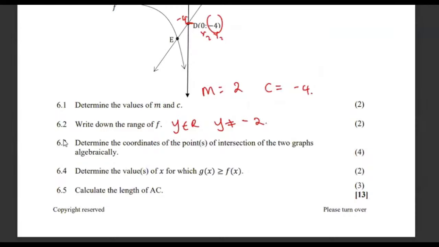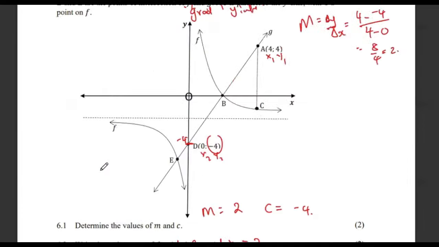Then determine the coordinates of the points of intersection of the two graphs algebraically. When they ask for an algebraic approach, we need to solve the two graphs, in other words equate the two equations. The equation is 4 over x minus 2. Is that correct? Yes. The other one is 2x minus 4.